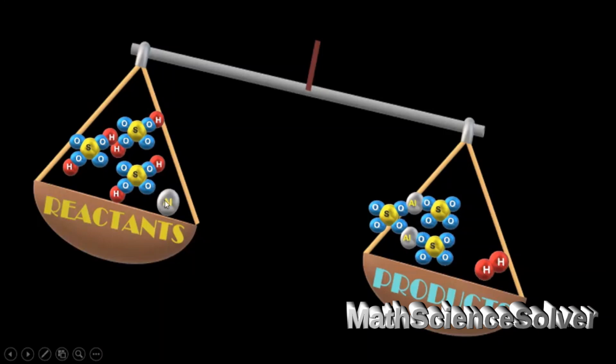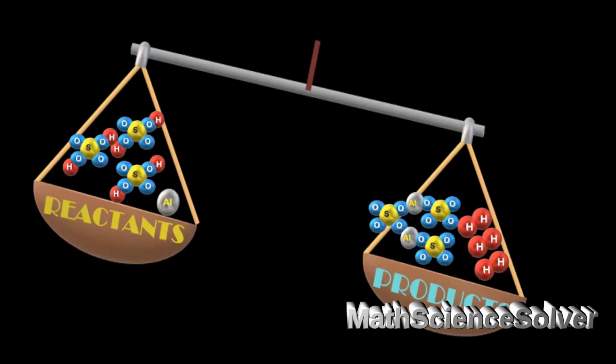Then hydrogen: reactants are 6, whereas the product has only 2. So this hydrogen is not balanced on the product side. Let us add the remaining hydrogen molecules. One H2, another H2.